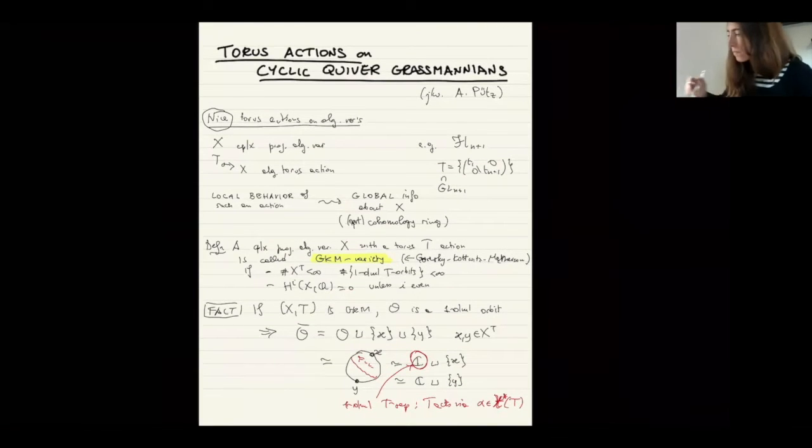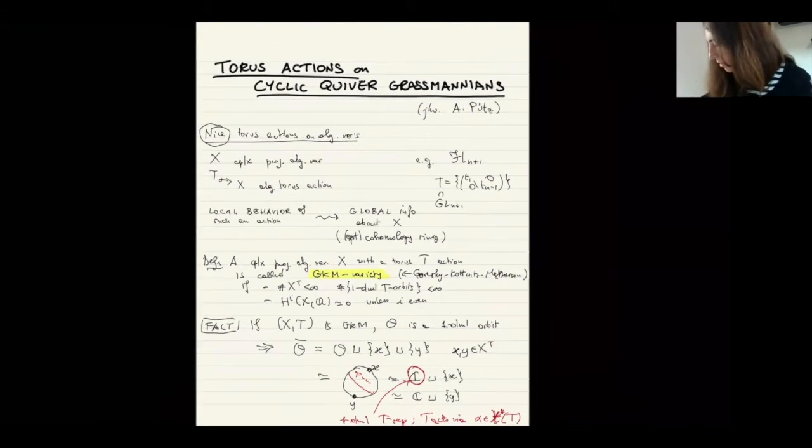So far, we have our variety with a T action, which is nice in the sense that for me it's a GKM variety. Meaning that, once again, I have a finite number of fixed points, finite number of one-dimensional orbits, and cohomology only in even degrees. All right, so now let's take our GKM pair.